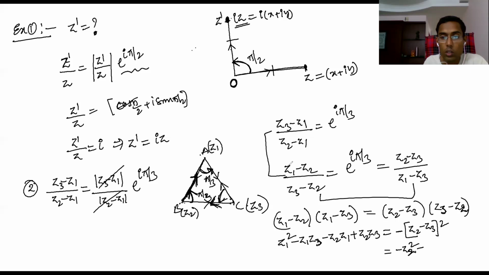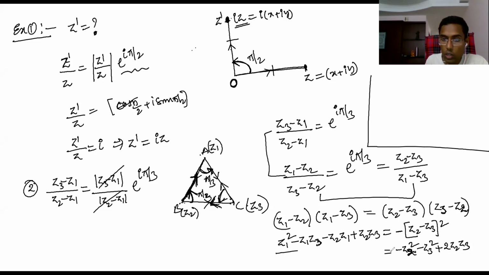Okay, all right, here minus Z2 square minus Z3 square minus 2ab, but here minus is there, plus 2 Z2 Z3 is there. Okay, Z2 Z3 is here also. So finally the result, because you can see here clearly: Z1 square plus Z2 square plus Z3 square equal to what do I get?